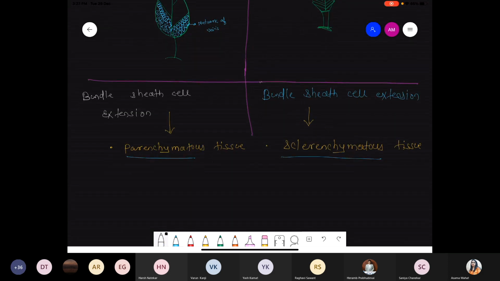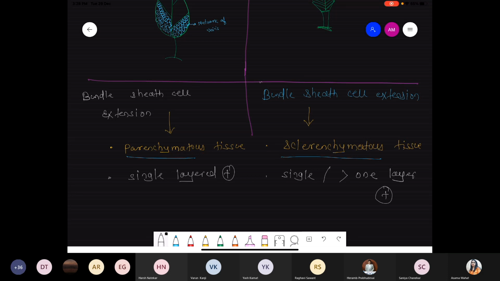And the other one: in the dicot only a single layer is present. But in case of the monocot, a single layer or more than one layer is also present.